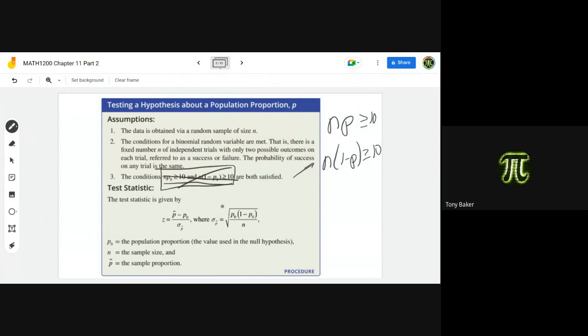So we need to find our P hat and then our standard deviation. It's the proportion of the sample. It's a P with a little hat, P hat.